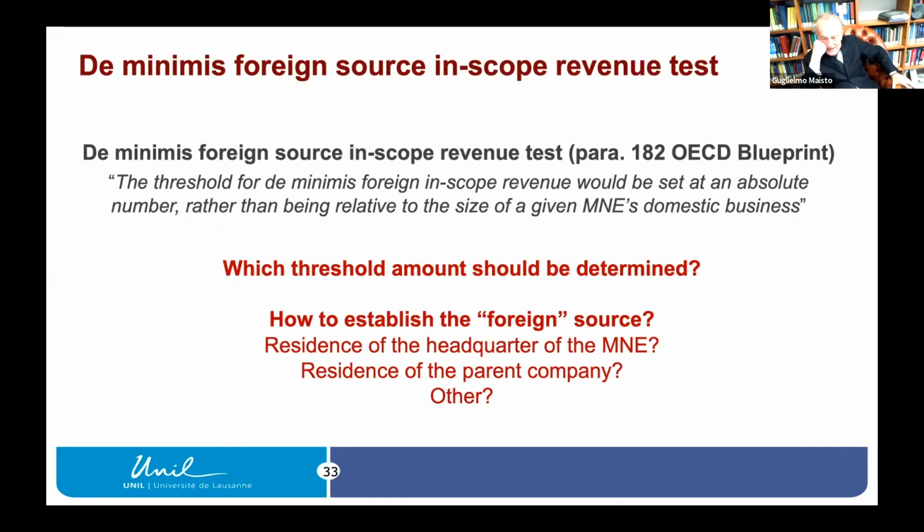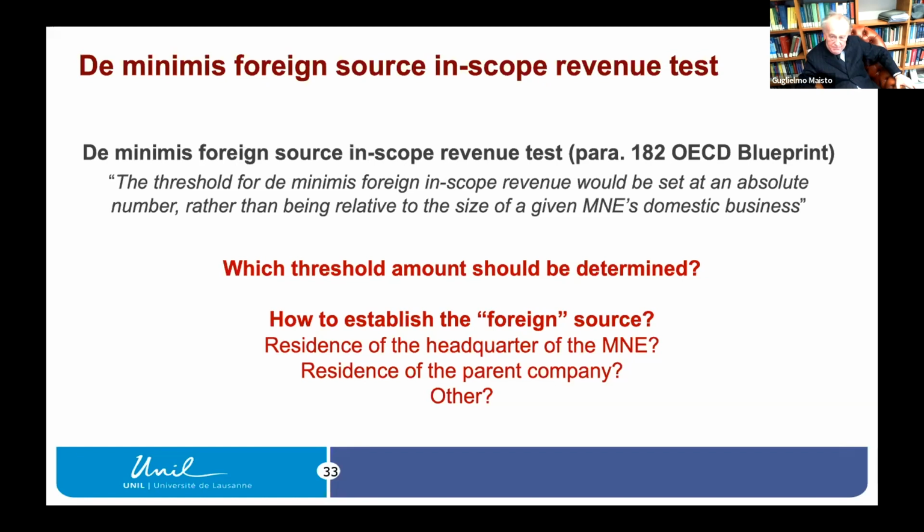At least these are the alternatives which have been identified during the discussion and in the blueprint, namely the residence of the headquarter or the residence of the parent company. Obviously, sometimes you may have the headquarter and the parent company in the same country.